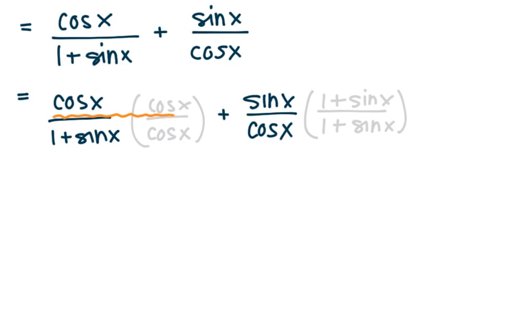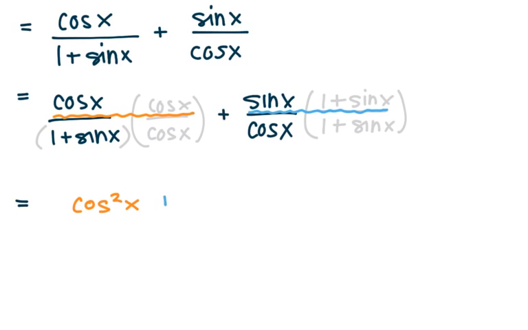So I'm going to multiply each of these numerators in an effort to condense this. Now, we have these denominators in factored form, and we don't generally multiply those unless we need to. So whenever we're adding fractions and we're simplifying these expressions, we're going to simplify the top, the numerator, and we're going to leave that denominator in factored form. So this becomes cosine x times cosine x is cosine squared x.